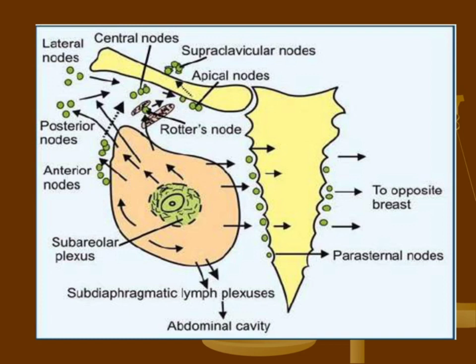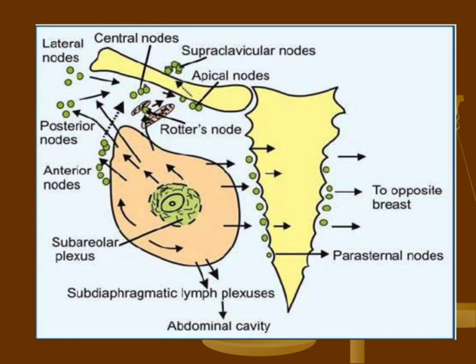The drainage system I have told you: the anterior, posterior, lateral, central, supraclavicular and apical nodes. The inner quadrant of the breast basically goes towards the internal mammary group of lymph nodes, the parasternal nodes.